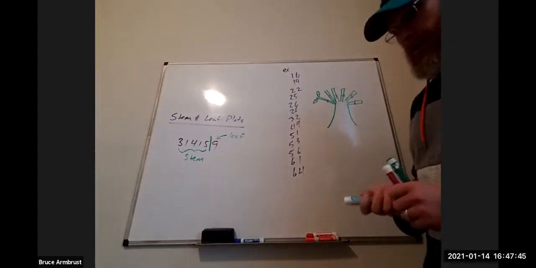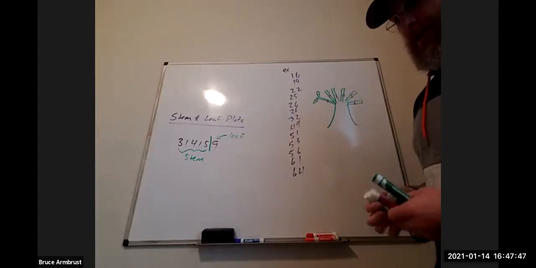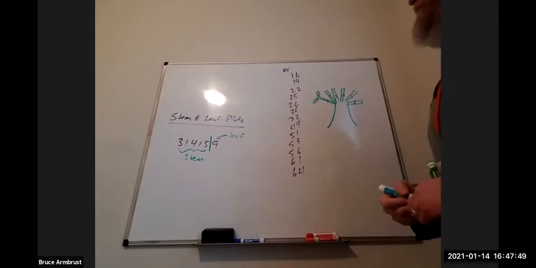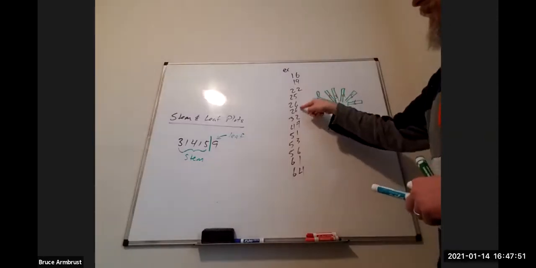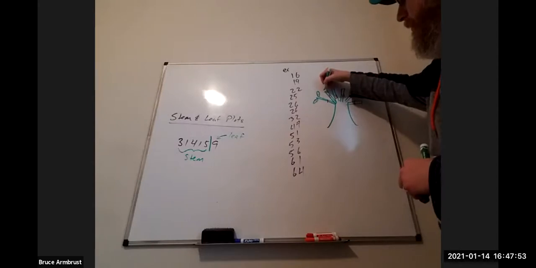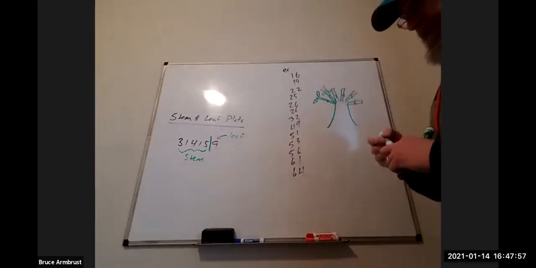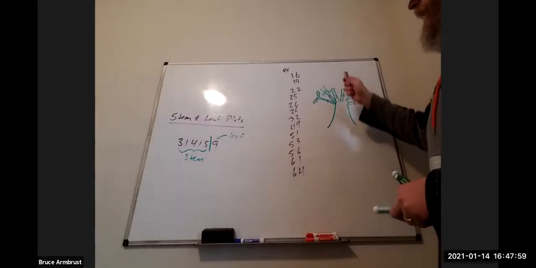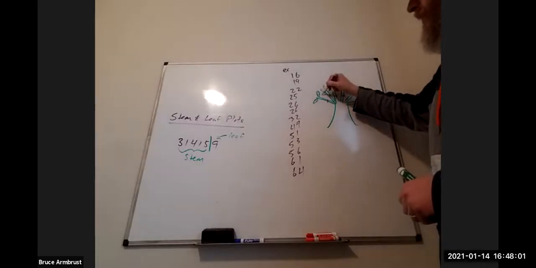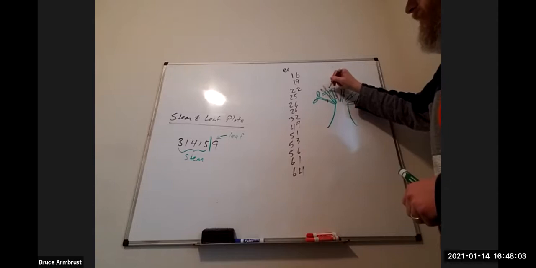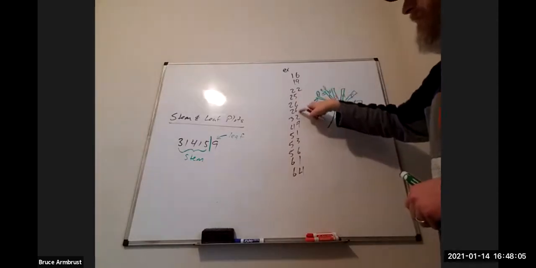Now, our 2 stem is going to have a bunch of leaves. It's actually going to have 4 different leaves. So let me draw 4 leaves coming off of that stem. And those leaves would have the numbers 2, 5, 6, and 6.